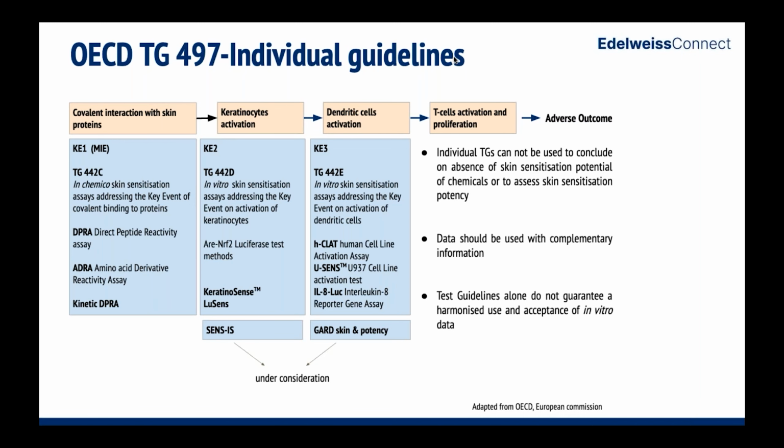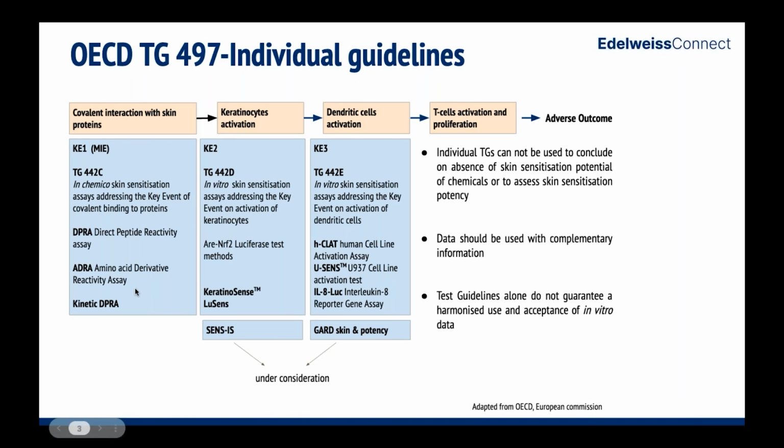In June this year, OECD published this new guideline, and it's quite remarkable because for the first time, without the need of animal testing, hazard assessment, as well as the hazard classification could be assessed.